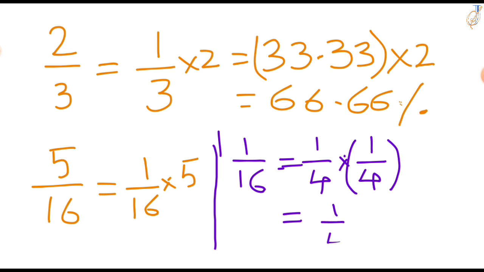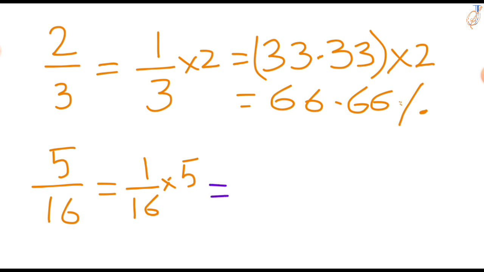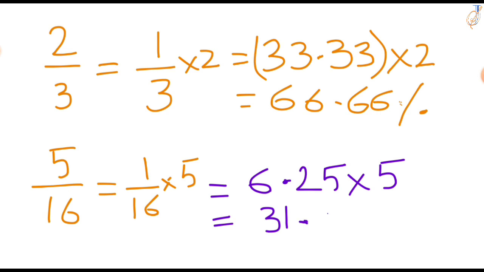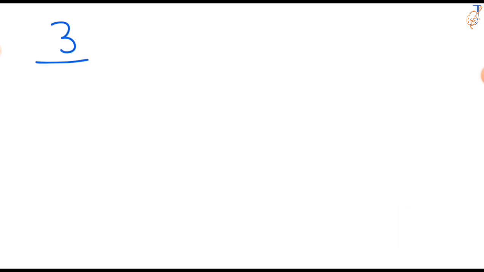So 1 by 4 times 25, so if you do 25 divided by 4, we will get 6.25. Now we know 1 by 16 value is 6.25. After multiplying with 5, we will get 31.25 percentage.